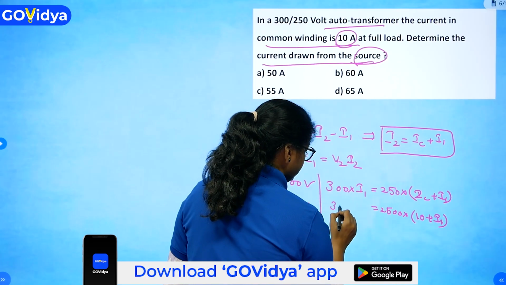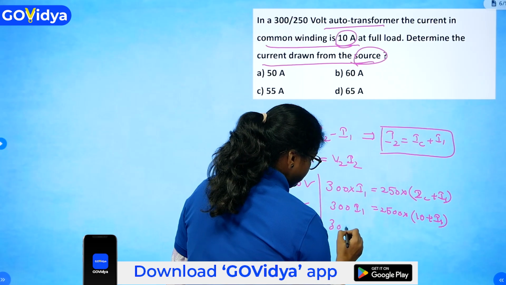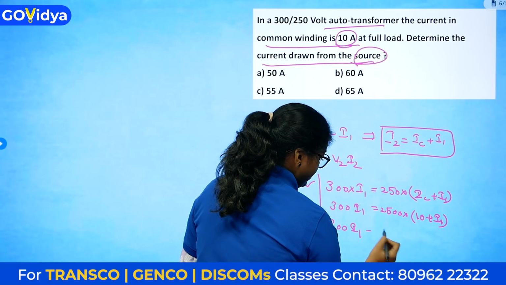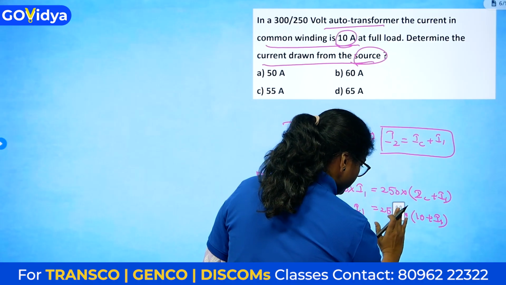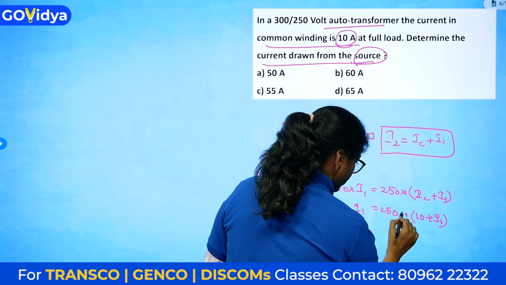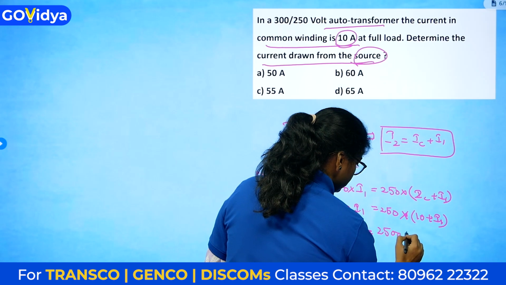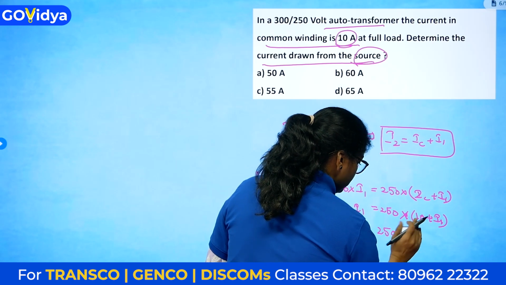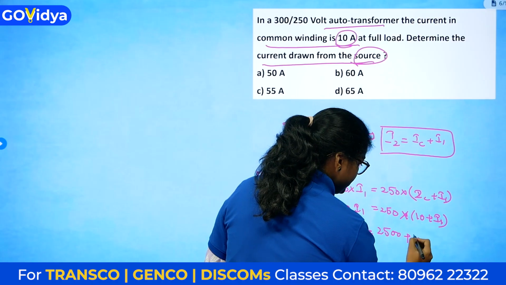This is 300 I1. So 300 I1 is equal to 250 into 10, that is 2500, plus 250 into I1, that is 250 I1.